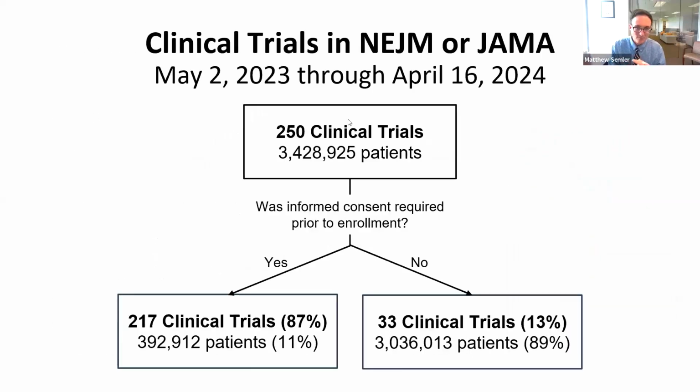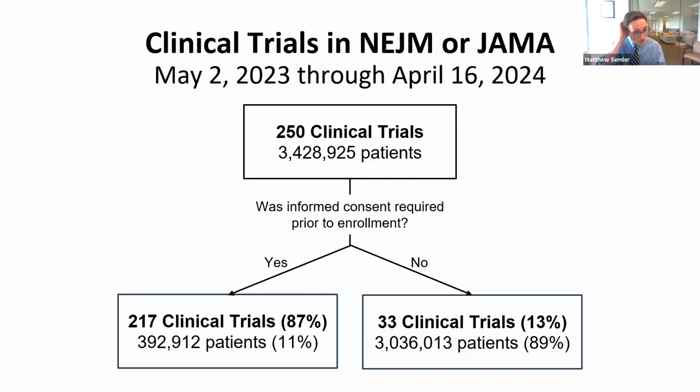Next slide, John. So here's what we found. Looking back through exactly 1 year of clinical trials meeting the NIH definition of a clinical trial, published in one of the two highest impact medical journals in the United States, we found over the year 250 randomized clinical trials that enrolled more than 3 million patients.